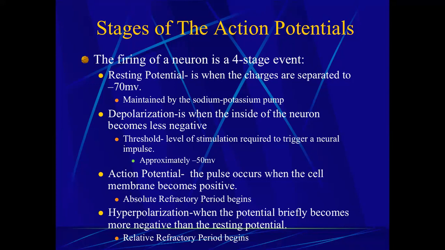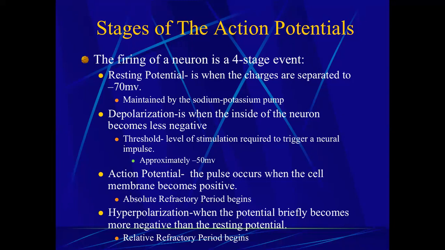However, similar to a person running downhill very fast, you can't stop immediately. We also have something called an overshoot, which is a hyperpolarization process where at the end of the action potential, before it goes back to rest, temporarily the neuron becomes hyperpolarized or more negative than rest.